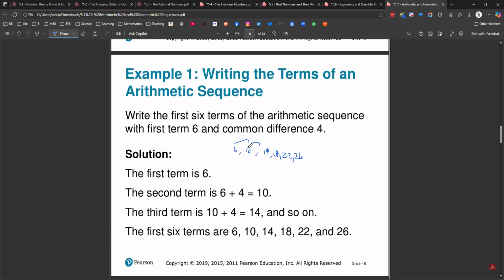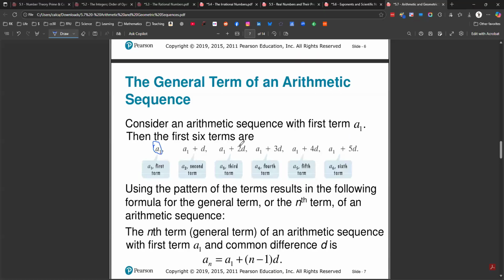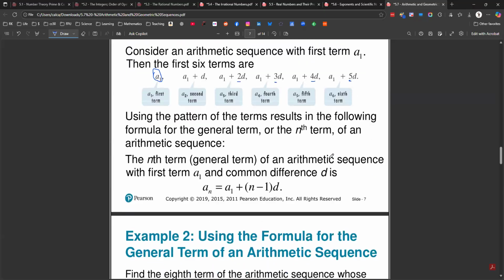So that common difference, in that last example, depends on where you're at relative to the initial term. So you just multiply that number of steps times your common difference, and then that will give you that element of the sequence.